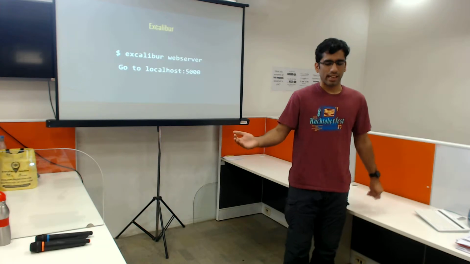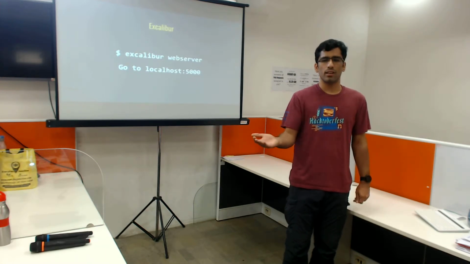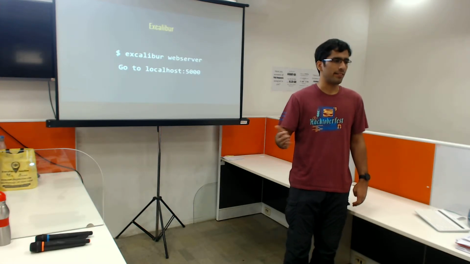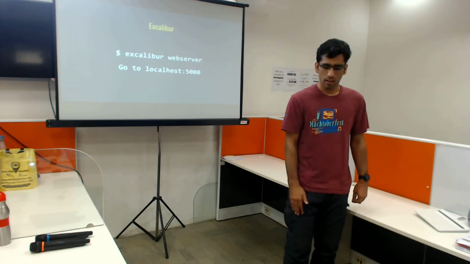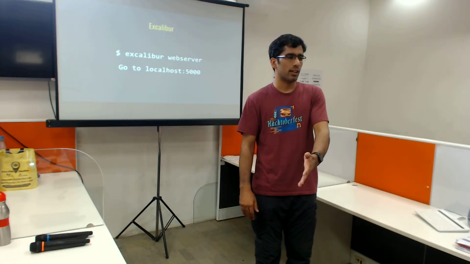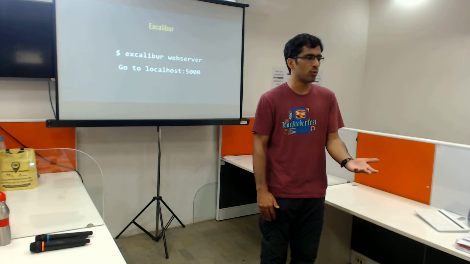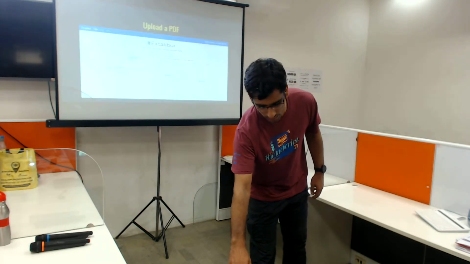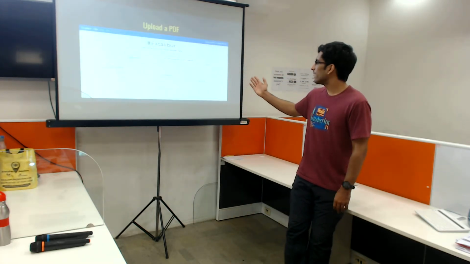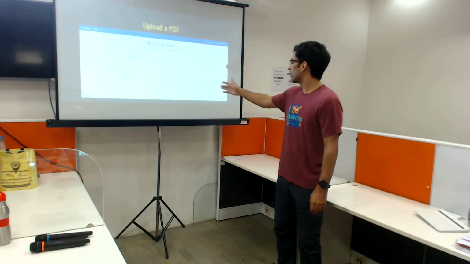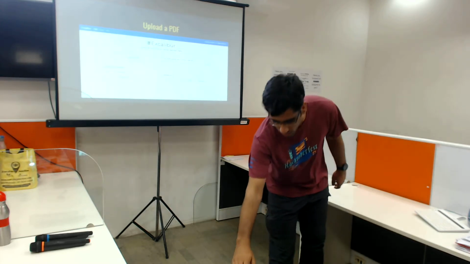And then there's Excalibur. Camelot is a Python library, and Excalibur is a web interface built on top of Camelot. You can just run Excalibur using the command excalibur webserver, go to localhost 5000, and upload a PDF onto the interface. You can also see previous uploads.